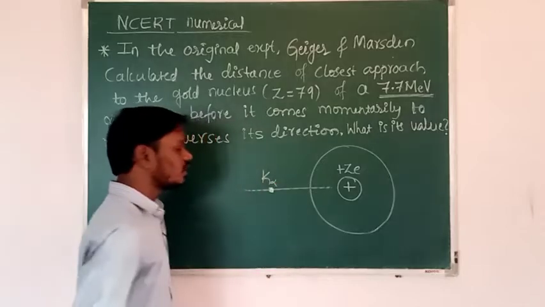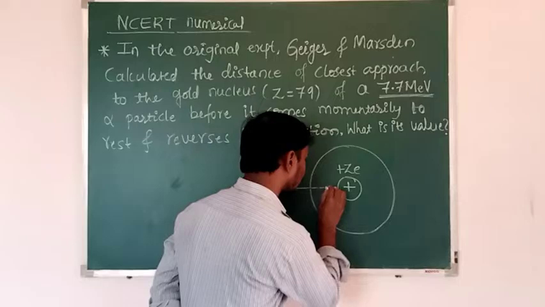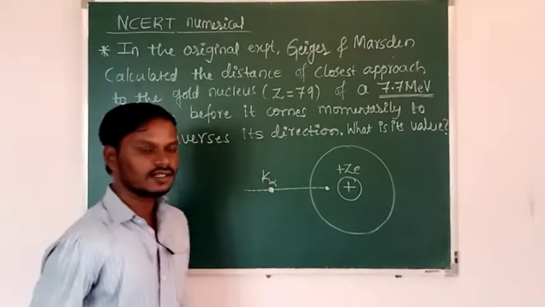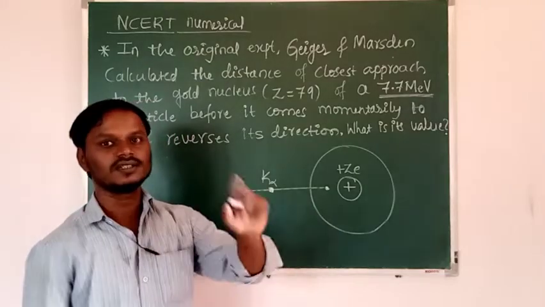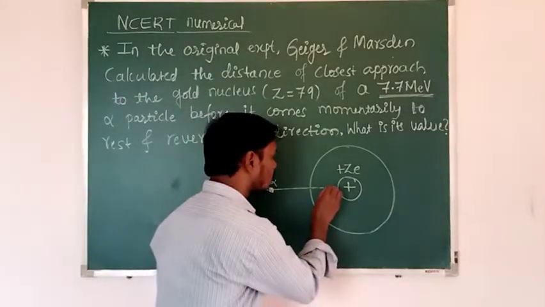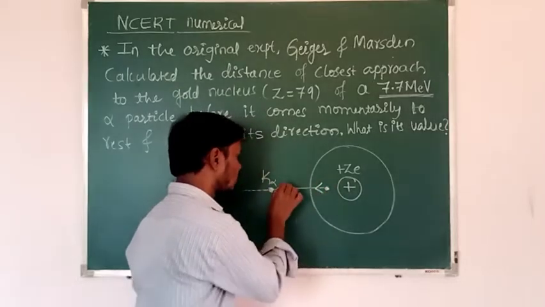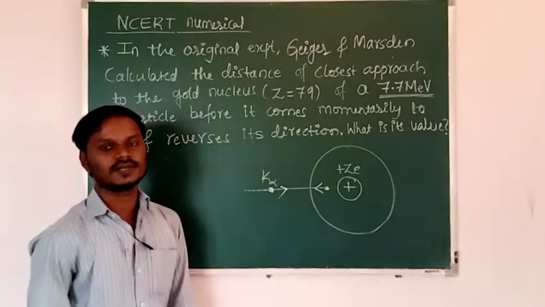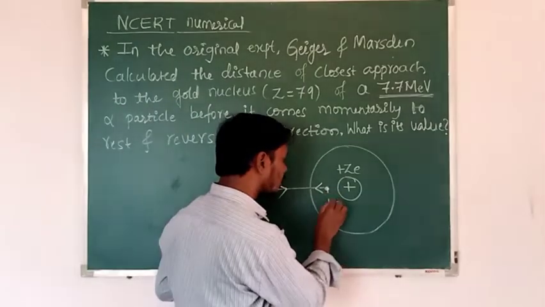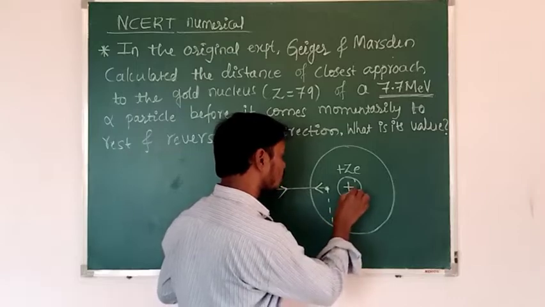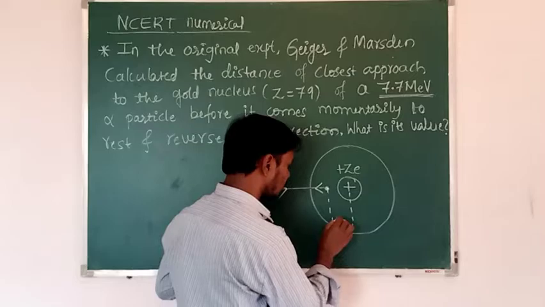When it comes near to the nucleus, there is a large repulsive force acting on this alpha particle by the nucleus, and the alpha particle comes to rest and reverses its direction. It reverses its direction by an angle of how much? 180 degrees.